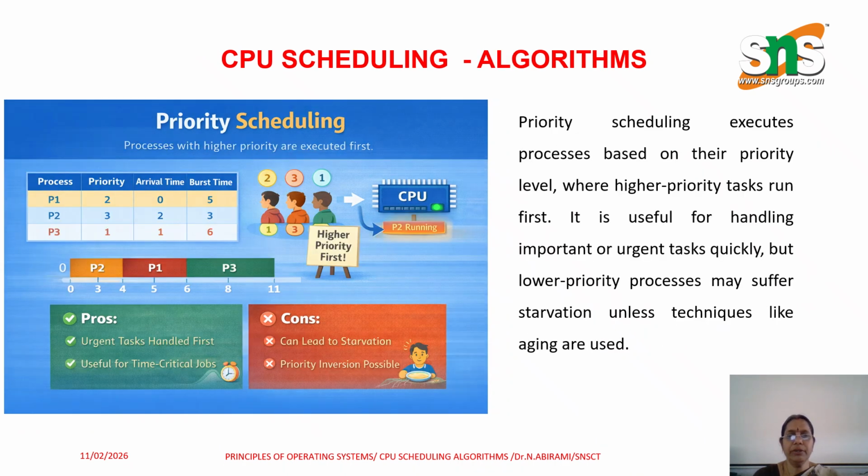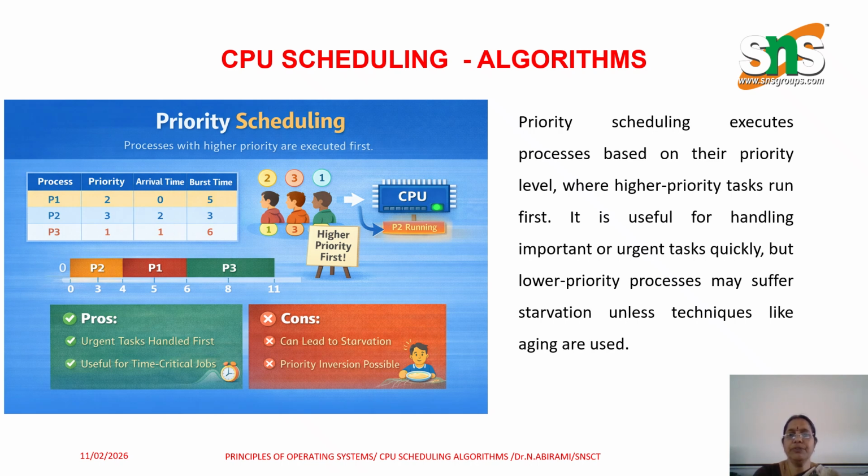The next scheduling algorithm is the priority scheduling, where the processes with higher priority are executed first. That means on the ready queue, whatever processes are waiting for the CPU will be checked for their priority order and will be scheduled based on their priority. The higher priority process takes the CPU and completes its task.